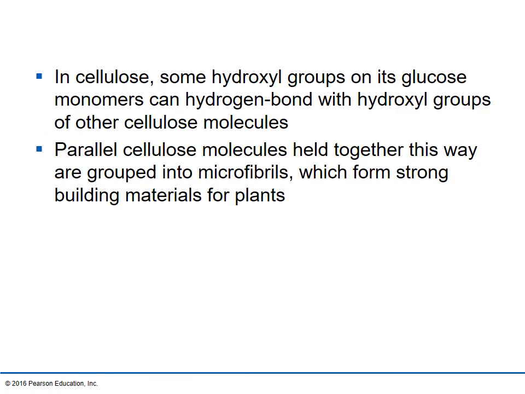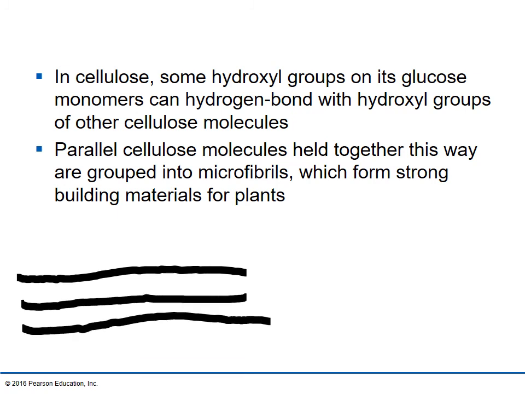Okay, so they reference here the hydroxyl groups on the glucose monomers. They talk about hydrogen bonding that happens between the hydroxyl groups. And then the second bullet point is just saying that when cellulose is made, so if the plant is cranking out cellulose, each of these polysaccharides is going to run parallel to each other.